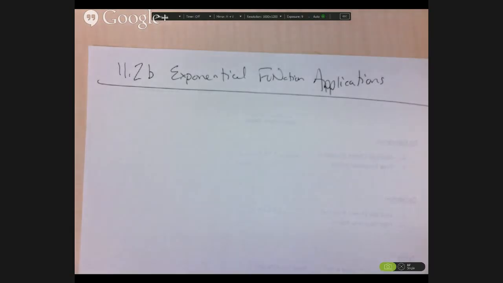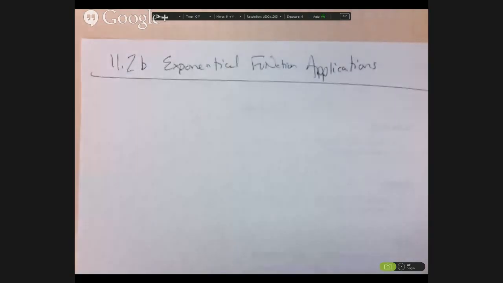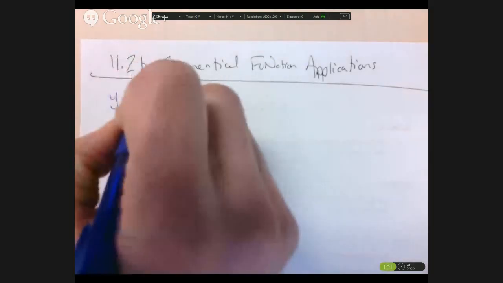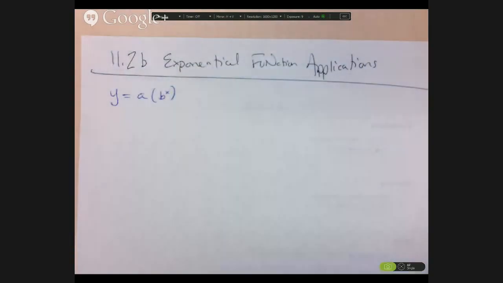Okay, so we're going to apply the exponential functions. Remember the general format of an exponential, right? When is it exponential growth? Do we remember? What does the value of b have to be?